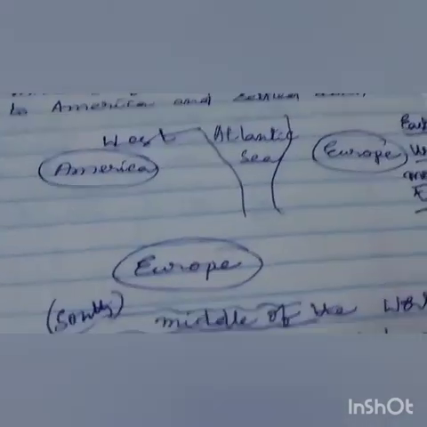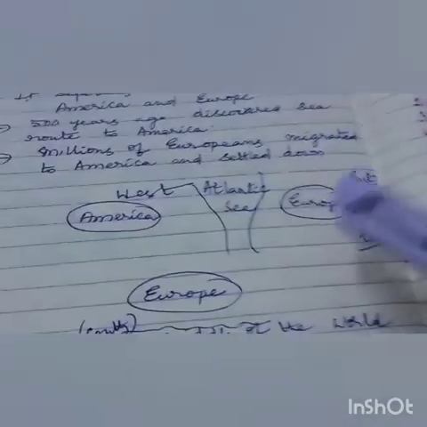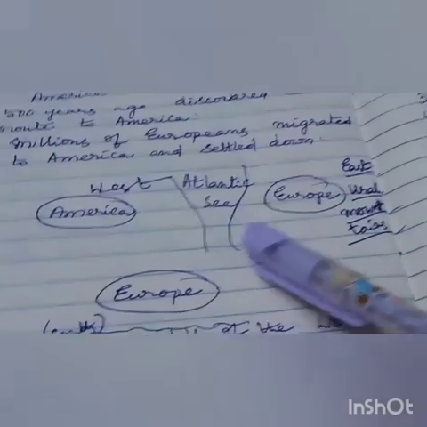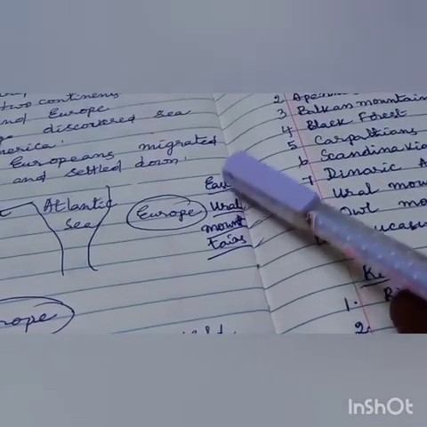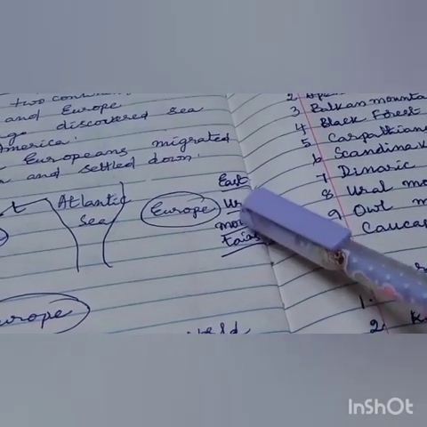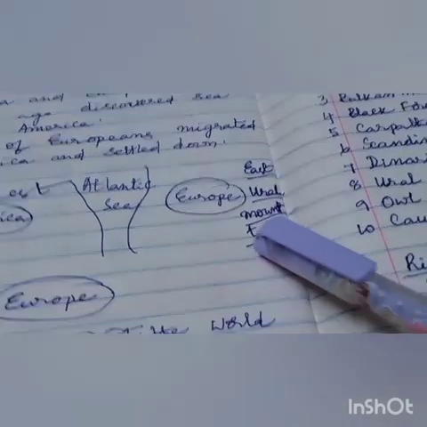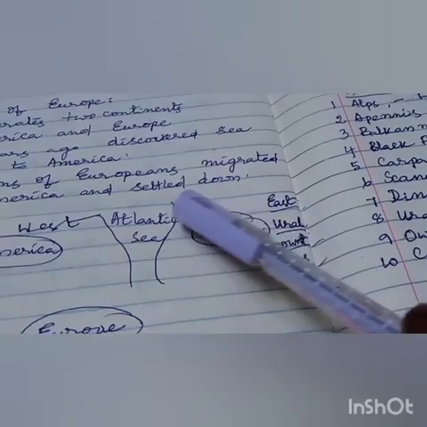So on the western side, the Atlantic Ocean, which separates Europe and America, and on the eastern side of Europe there are the Ural Mountains, and on the northern side there is the Arctic Ocean.